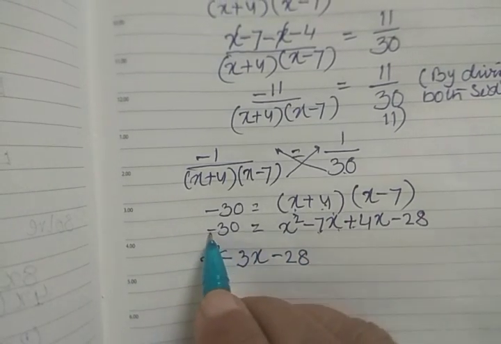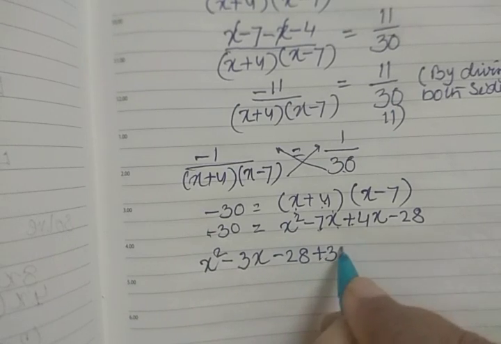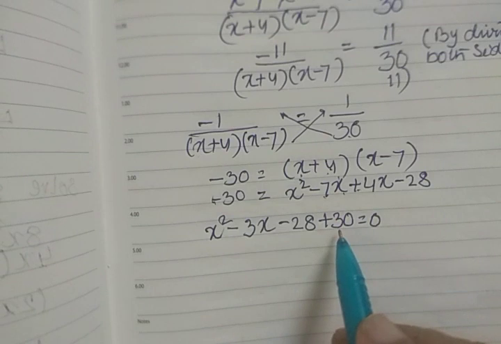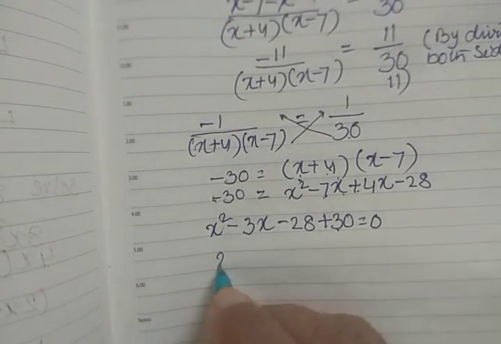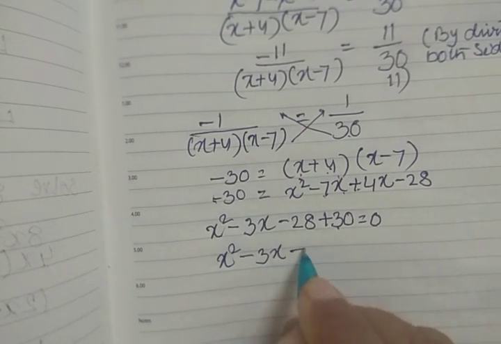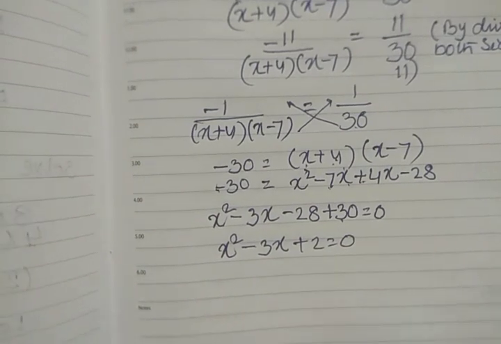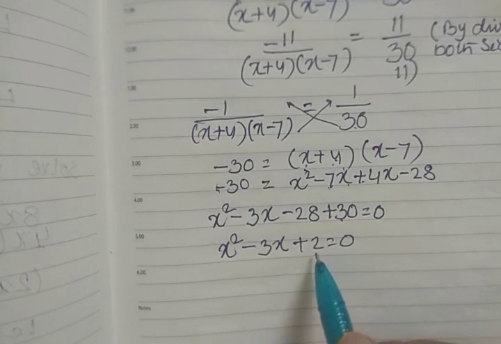Here it is minus 30. If you transfer this side, it becomes plus 30 is equal to 0. So plus 30 minus 28, plus 2. So x square minus 3x plus 2 is equal to 0. So now we need to find the factors of 2 in such a way that by adding you should get minus 3.